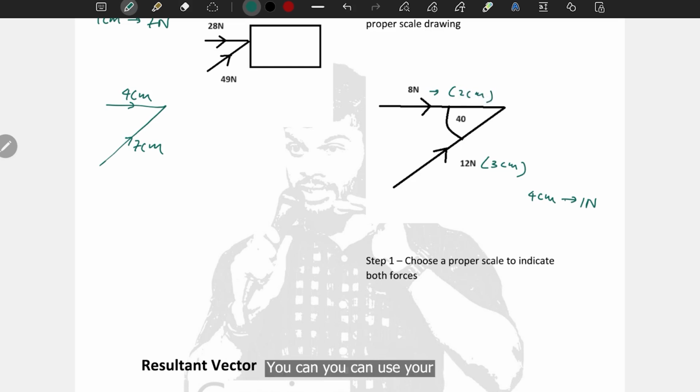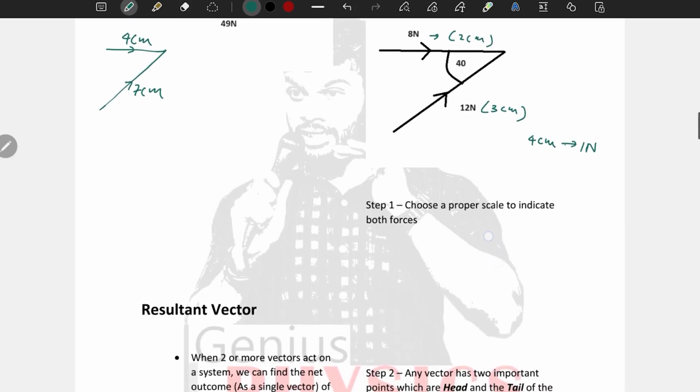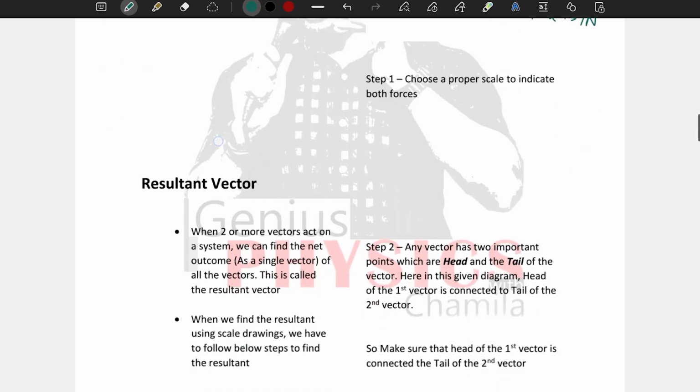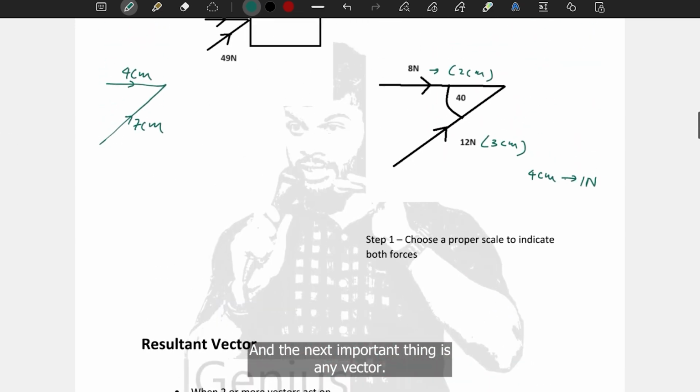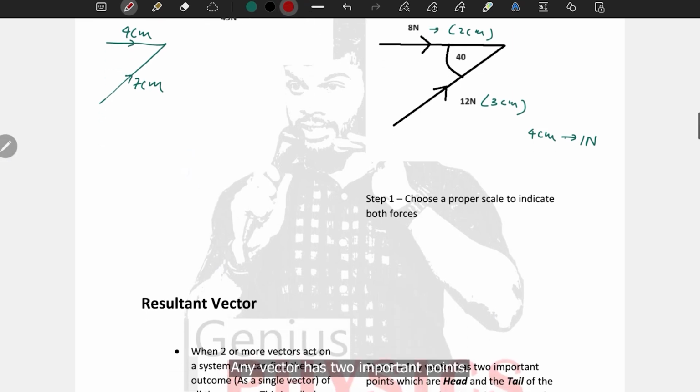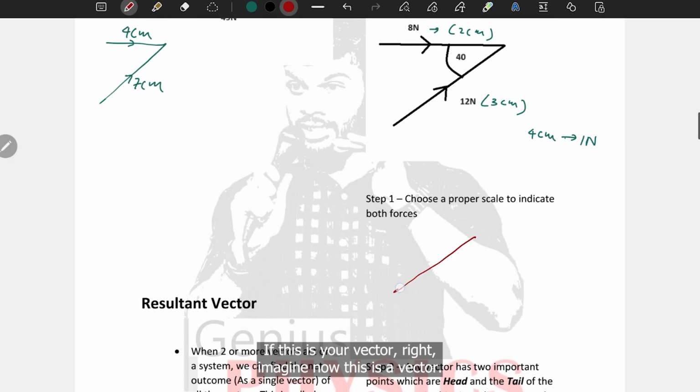So you can use your ruler to draw these two lines, right? And the next important thing is any vector has two important points. If this is your vector, right, so imagine now this is a vector, these two points are important.